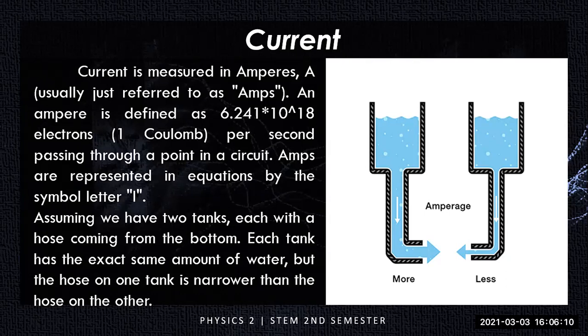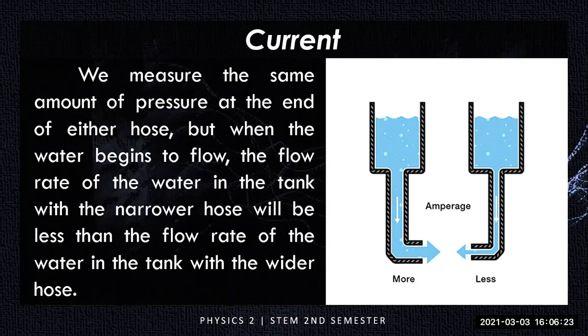Assuming we have two tanks, each with the same amount of water, but one of the hoses is narrower than the hose on the other.